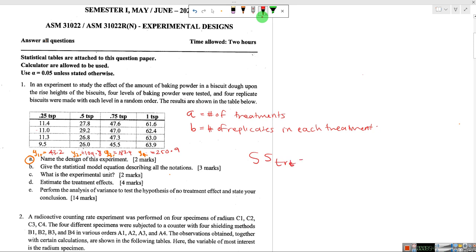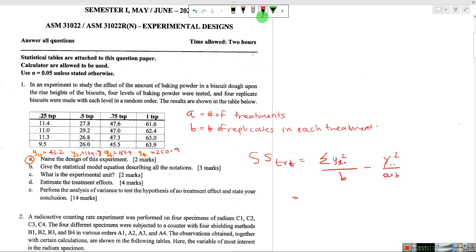SS treatment is equal to summation yi dot square divided by b, minus correction factor, that is grand total y double dot square divided by a into b, right?